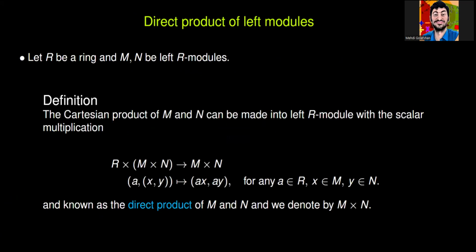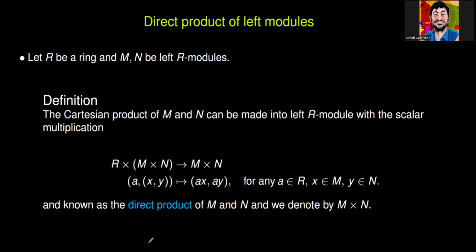Let's look at the Cartesian product of M and N, which you already know, denoted by this notation. This can be made into a left R module by defining the scalar multiplication.